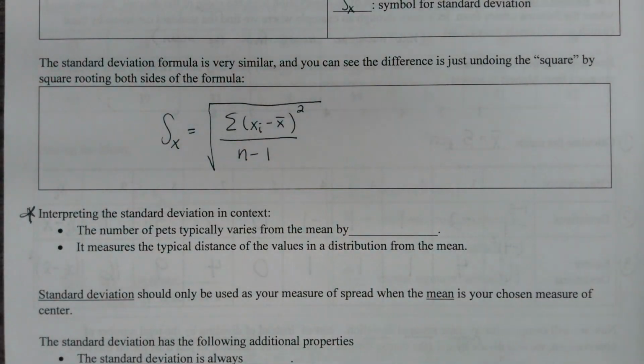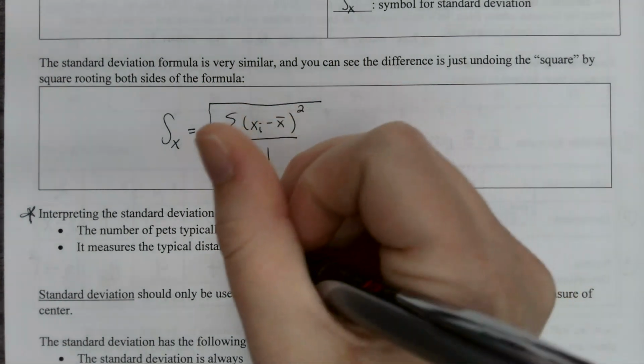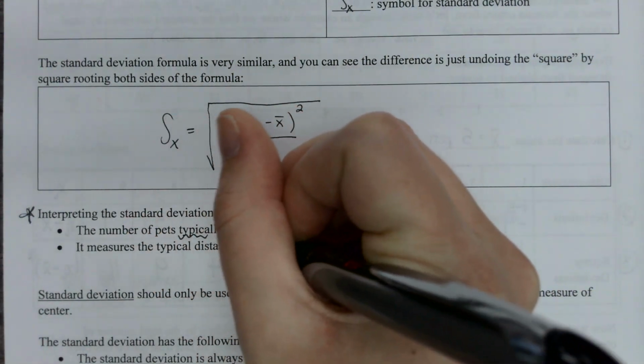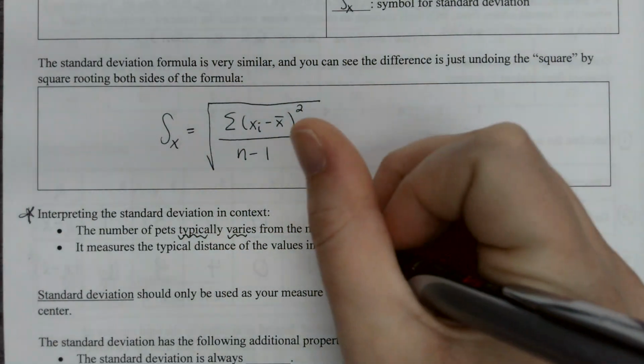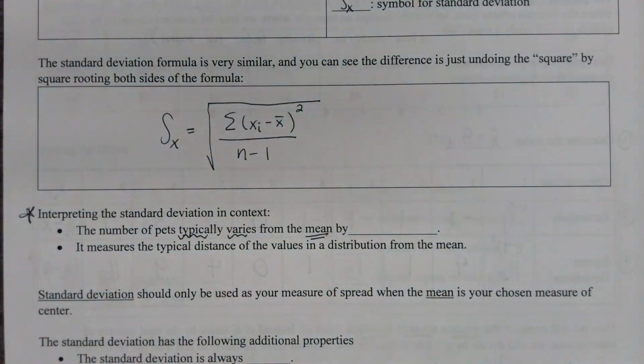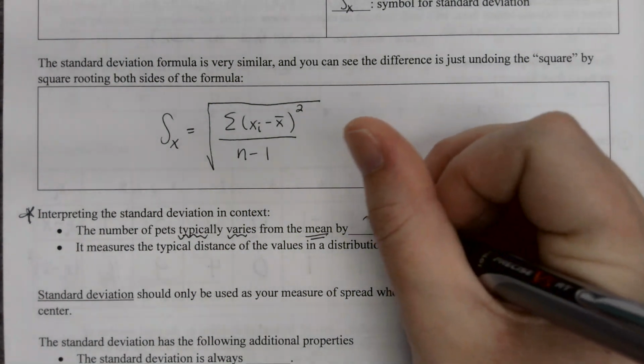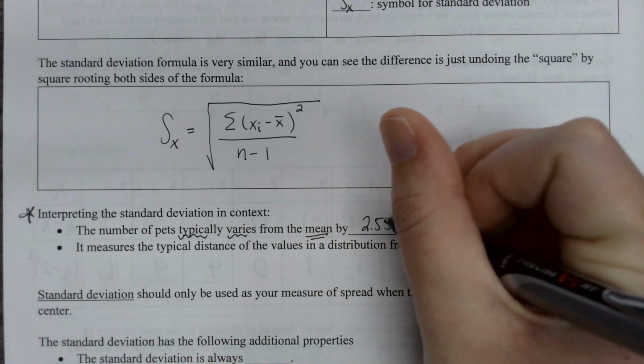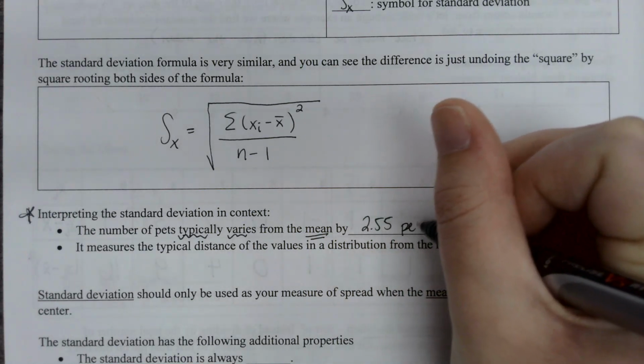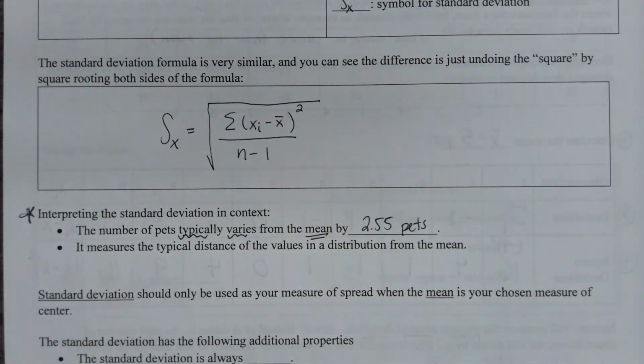So interpreting the standard deviation in context, that just means, remember, this is how far we typically vary from the mean. So the number of pets that this elementary group has typically varies from the mean by 2.55 pets. It measures our typical distance of the values in the distribution from the mean.